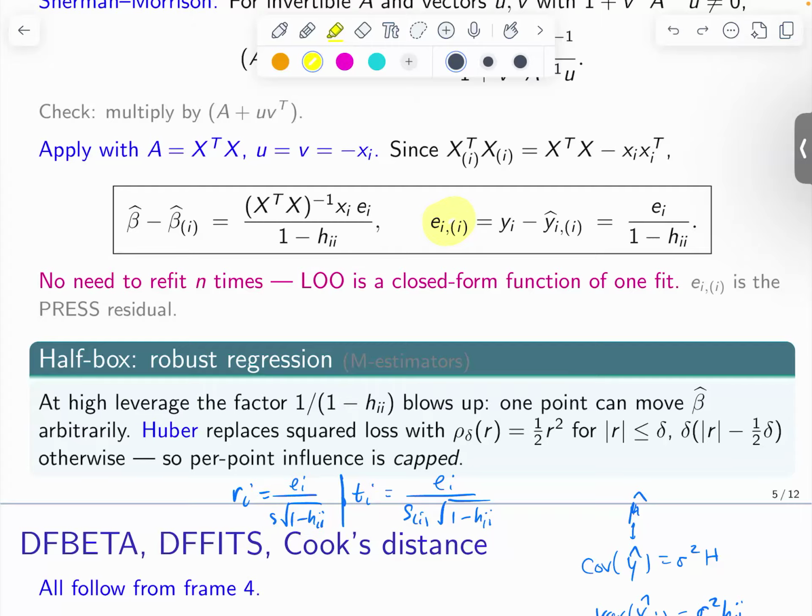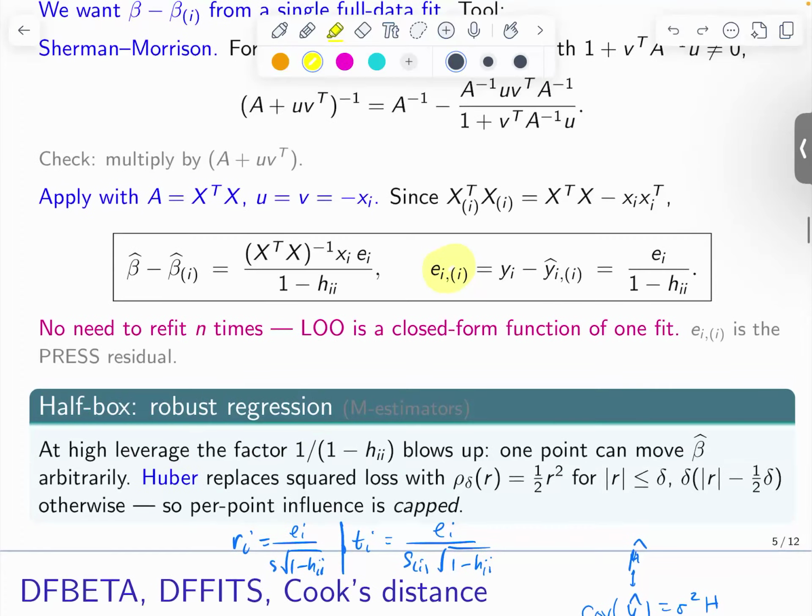I forgot exactly what the R stands for. So these are called PRESS residuals because they form this PRESS statistic. We'll revisit that. In any case, this can be computed without the need for refitting the model. So in the linear model, you don't have to refit the model again.